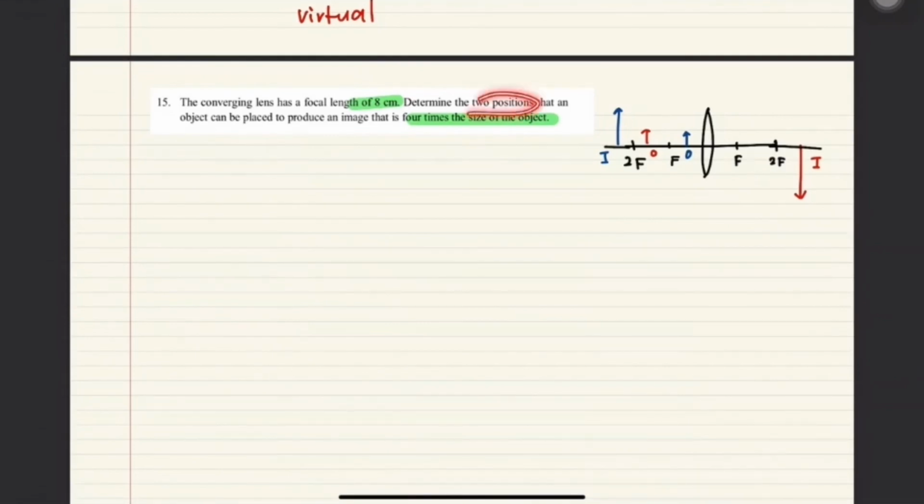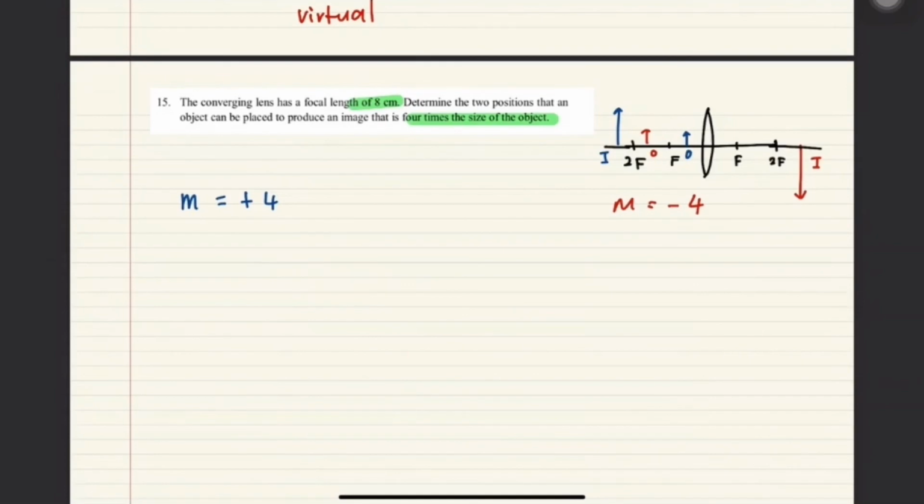Okay, so dia nak dua position kan. So position number 1, katakan yang blue tu, kalau kita buat M dia adalah positif. Kenapa dia positive? Because image dia magnified and then upright. Kalau yang lagi satu tu, M dia adalah magnified, so 4 lah, tapi dia inverted, negatif.